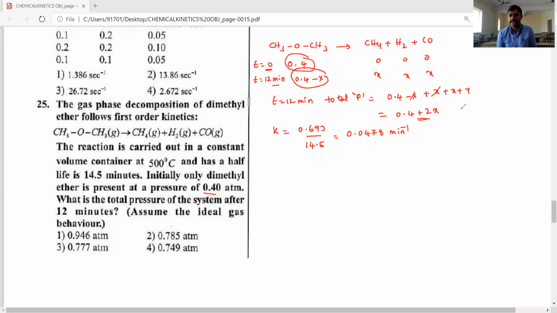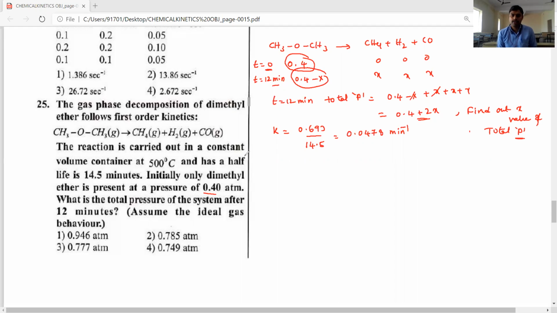Now we have to find out the x value, and then the total pressure.